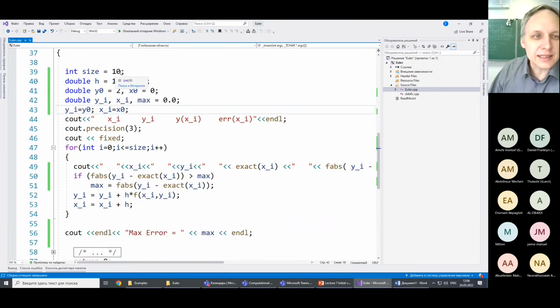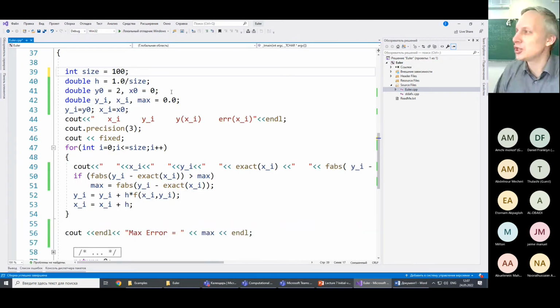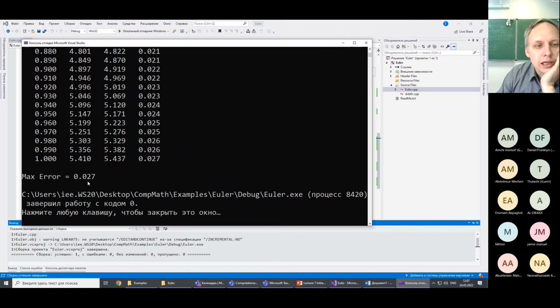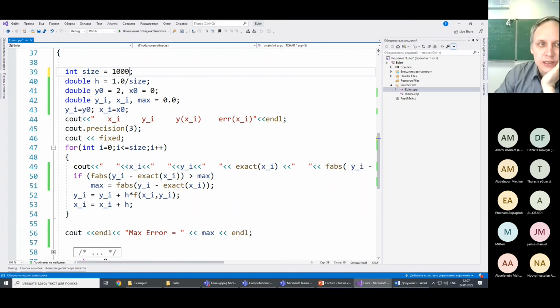Well, let's consider the same problem, but let's decrease the step. Let's take the step 0.01. And we see that the largest error also decreased, 0.027. Let's take the step 10 times smaller.